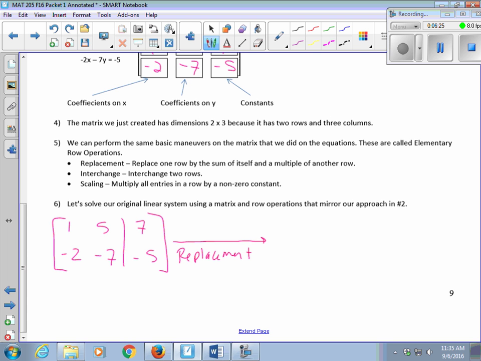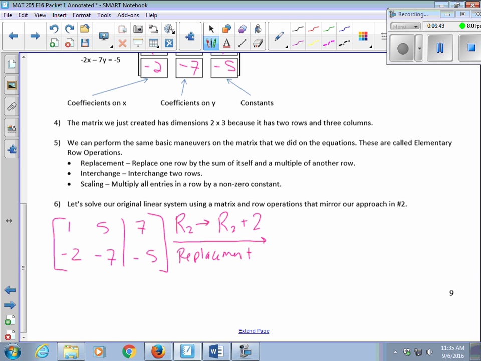And I'm going to replace row 2. Okay, row 2 is going to be replaced with itself plus a multiple of another row. Okay, so replacement means you can replace a row with the sum of itself and a multiple of another. So what is the multiple of the other row that I should use? 2 row 1.